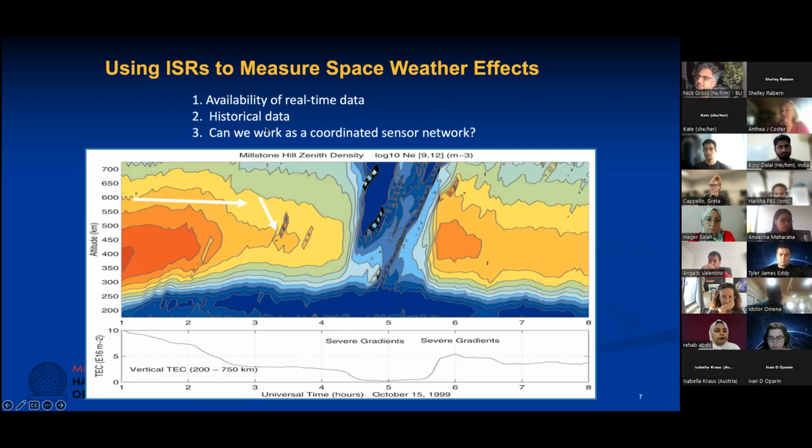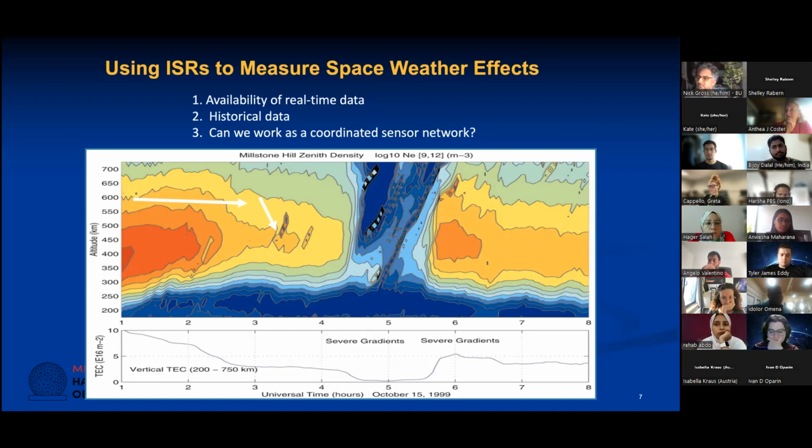I'm going to go through some of the ones we have here in the US, but I want you to think in terms of space weather effects. We're not using the ISRs to measure space weather effects, but in many cases real-time data is either available now or will be in the future.